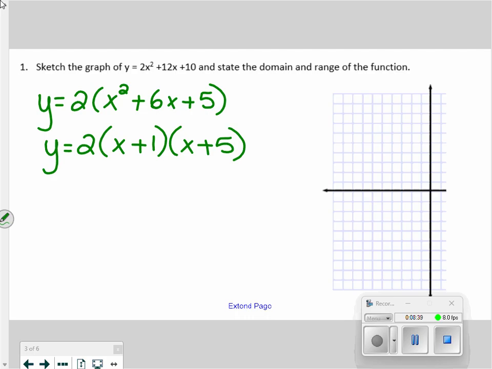We set each to 0, or can you do it in your head? What will x equal? Okay, so those are our values. So we have one here, and one here.